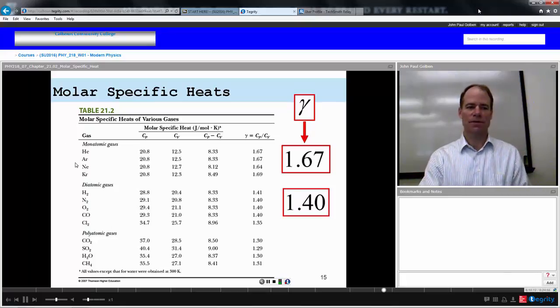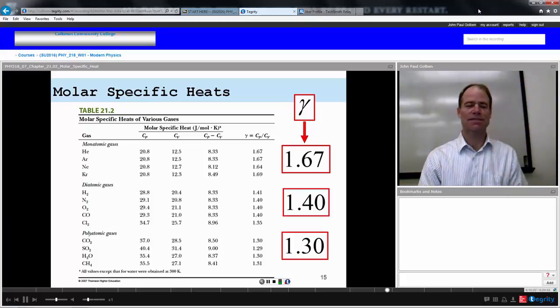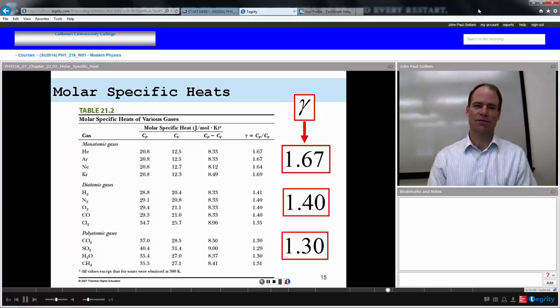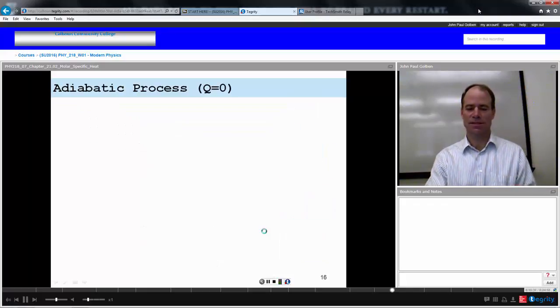The monatomic gases are noble gases: helium, argon, neon, krypton. Polyatomic gases: carbon dioxide, sulfur dioxide, water, and methane, 1.30 for these. So excellent agreement for these gammas for these gases.